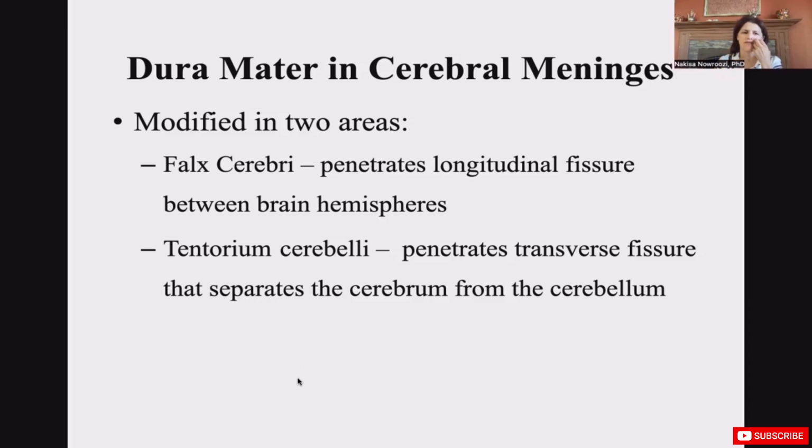One is called falx cerebri, which penetrates longitudinal fissure, which is between the two brain hemispheres, and tentorium cerebelli, it penetrates the transverse fissure, which is between the cerebrum and cerebellum. So these are the two modifications that you have in this protective layer of connective tissue, which is called cerebral meninges. Falx cerebri penetrates longitudinal fissure between the two brain hemispheres. Tentorium cerebelli penetrates the transverse fissure that separates cerebrum from cerebellum.